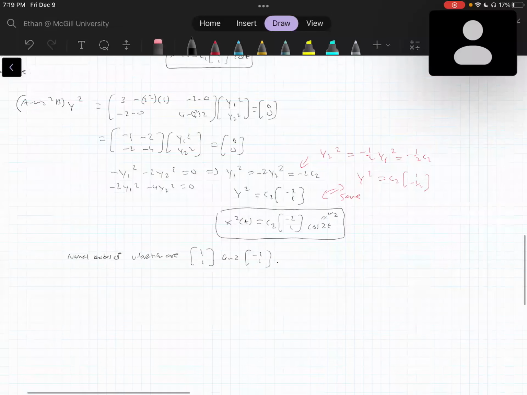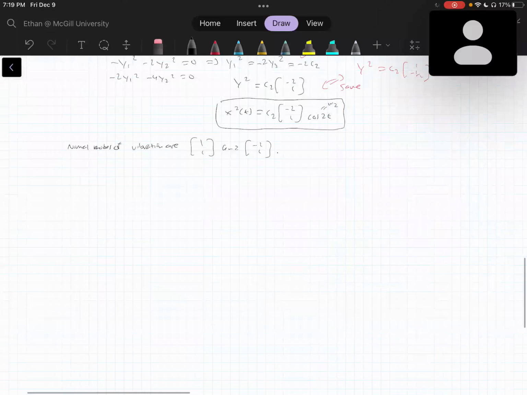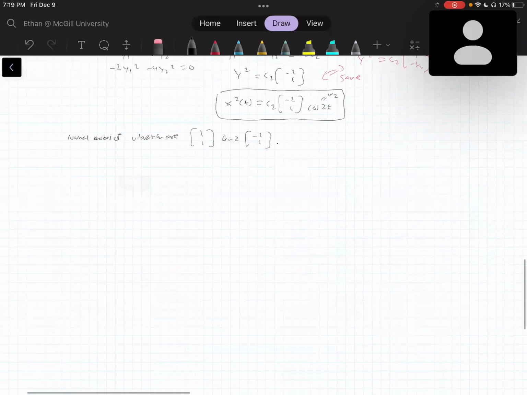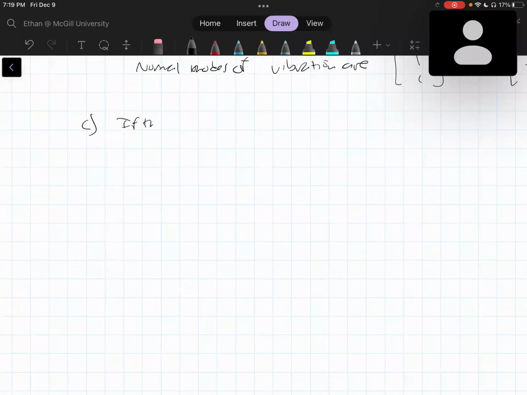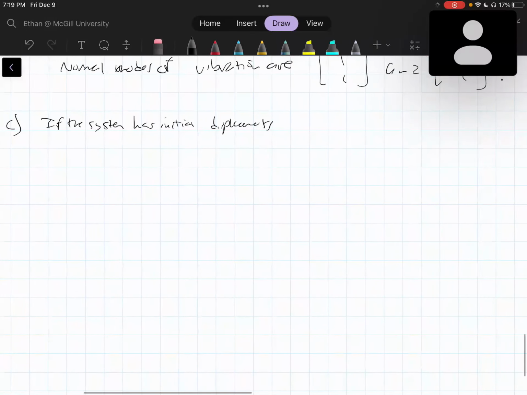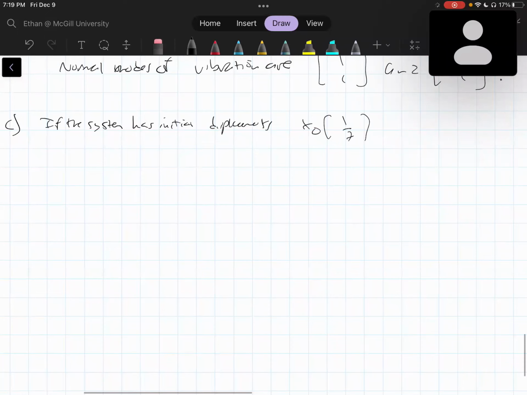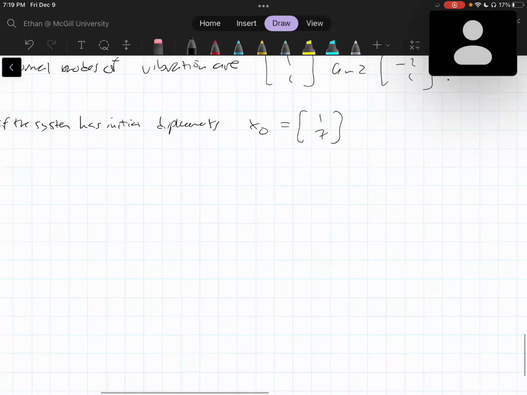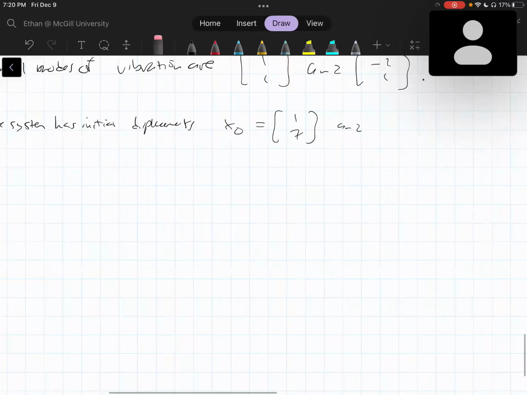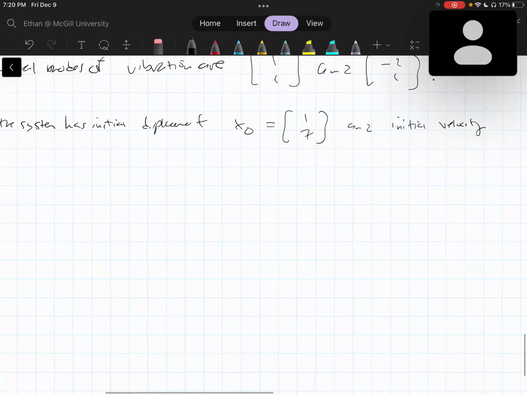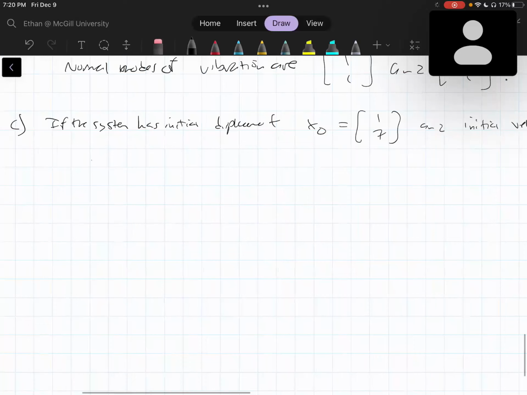So part C of this problem is, given the initial displacement, if the system x naught is (1, 7), oops, sorry, that's the initial displacement, and initial velocity to 8, determine the motion.